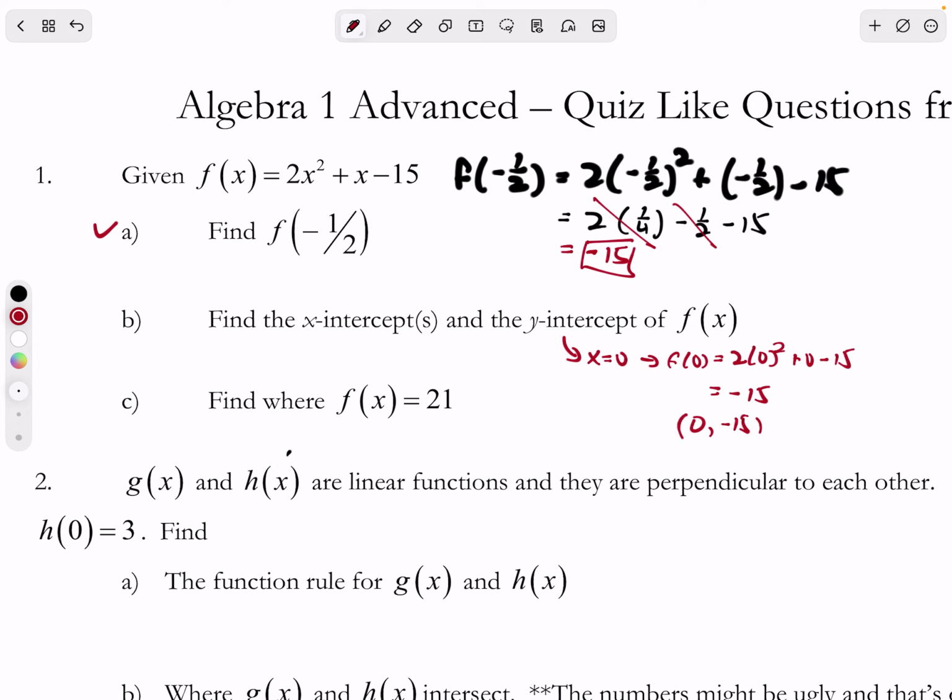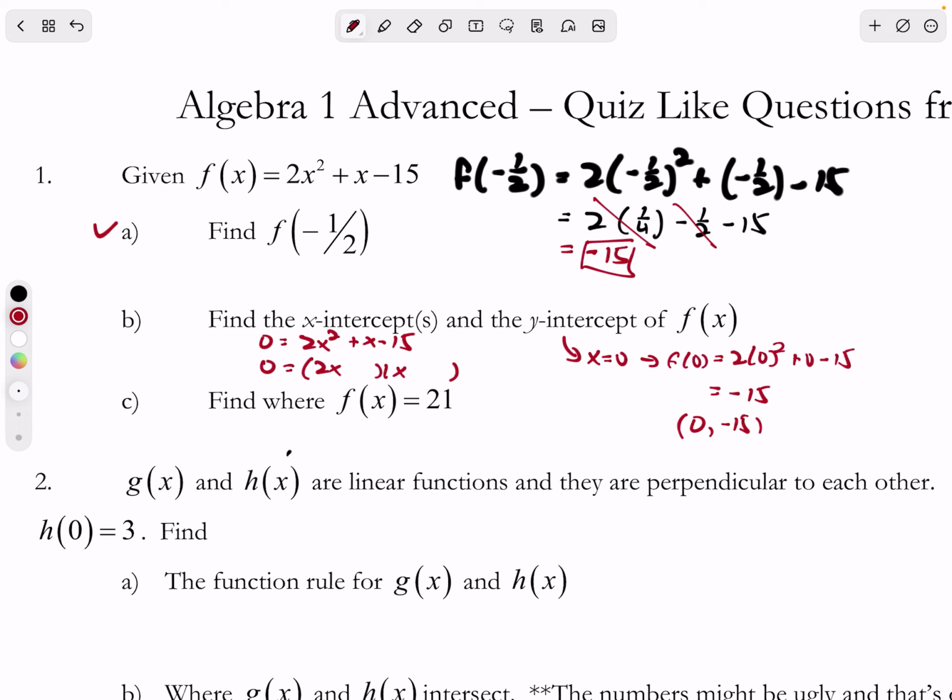X-intercept, we're going to let y equal 0. So that's f of x equals 0. 2x squared plus x minus 15. Here's a quadratic. We've done plenty of these earlier in the year. This can be factored and solved. So I'm going to say 2x and x and probably 3 and 5.